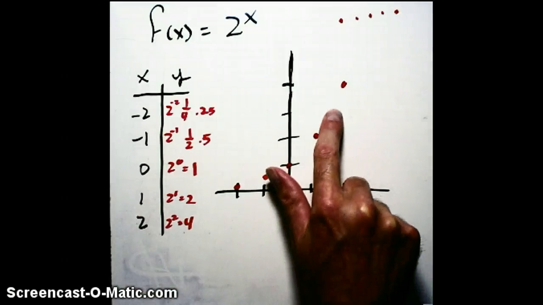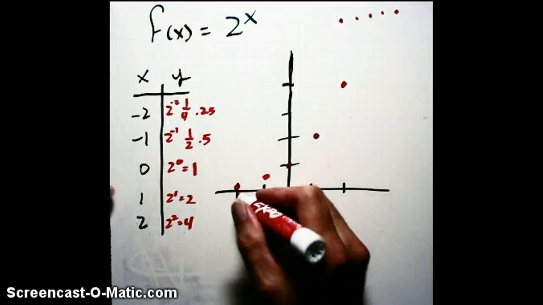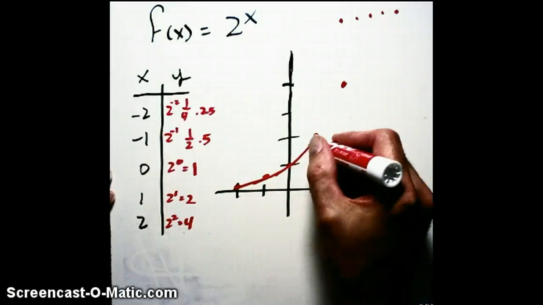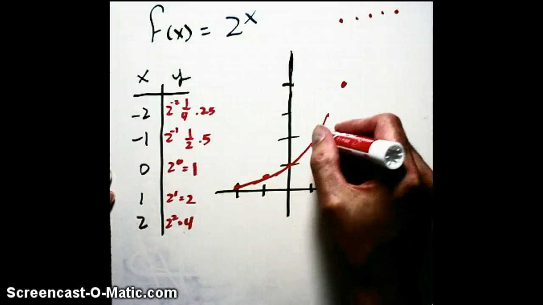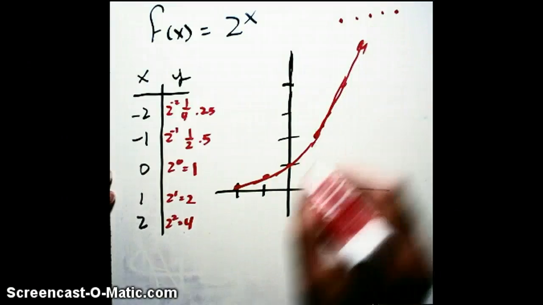There must be a point here somewhere, or there must be a value for the y. So the way to understand that is to draw a smooth curve, right? Not a line, a curve, through these points, okay?